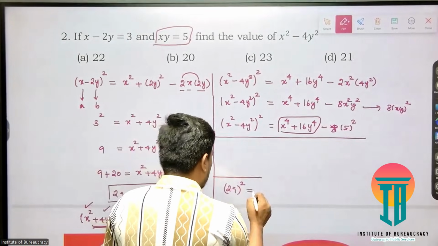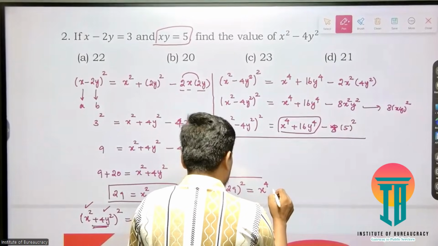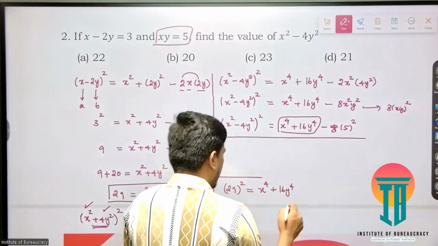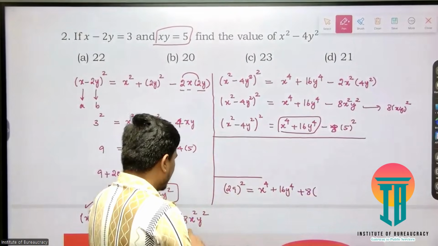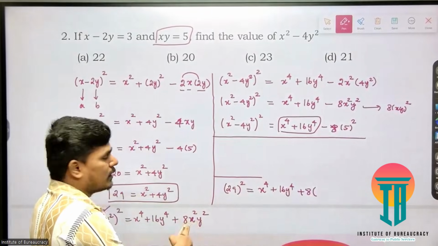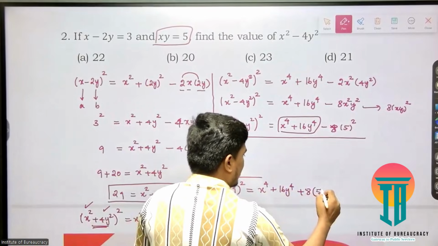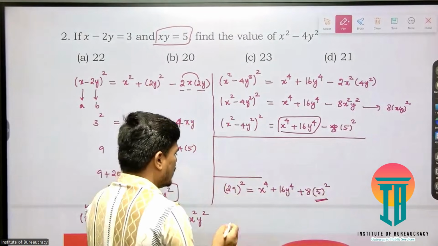This is equal to, now I have here x power 4 plus 16y power 4 plus 8 into x square y square, which means xy the whole square. The xy value is 5, so it's going to be 5 square, which is 25. 25 into 8 is 200.